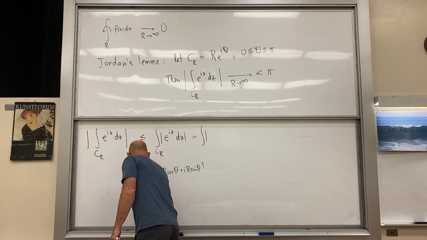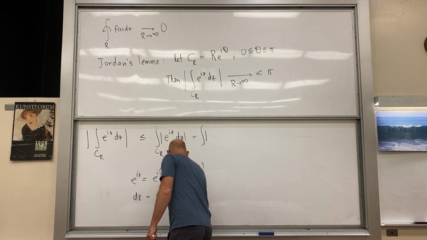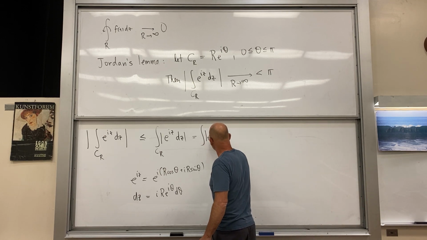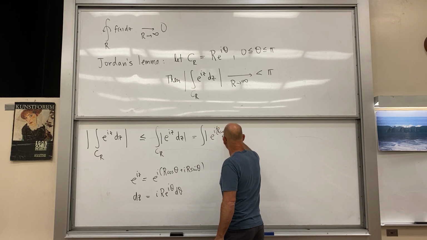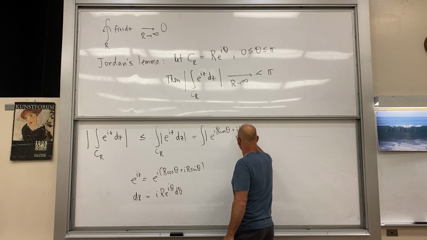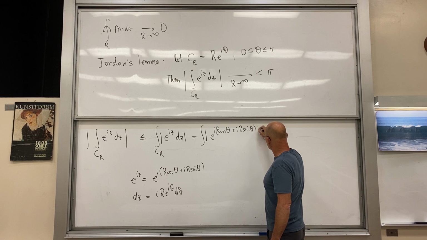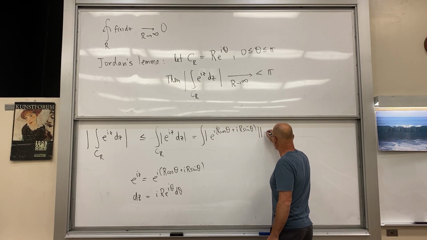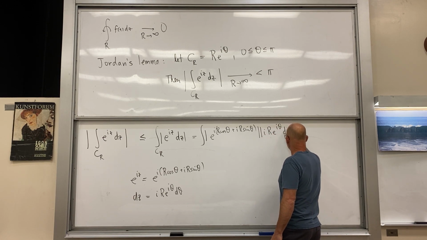The dz is equal to i r e to the i theta d theta. Okay, so we've been here before. Let's go ahead and write it all in there though. e to the i r cos theta plus i r sine theta. And then we can put that there. And now for the dz, absolute value again, i r e to the i theta d theta.